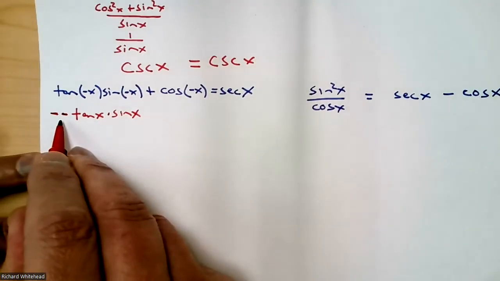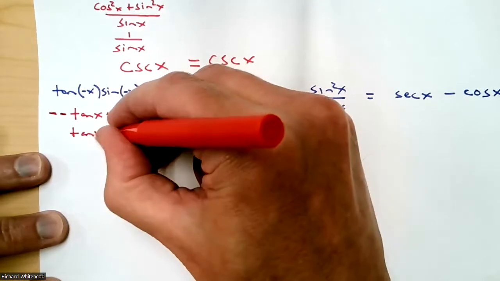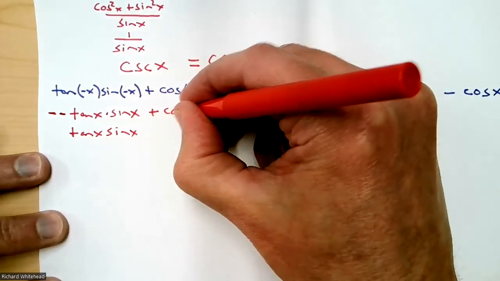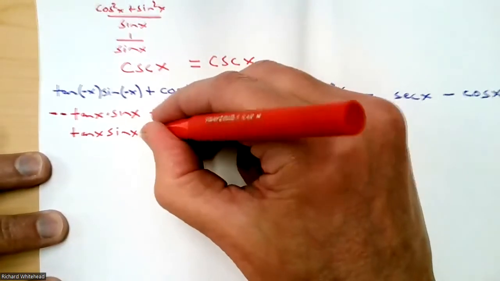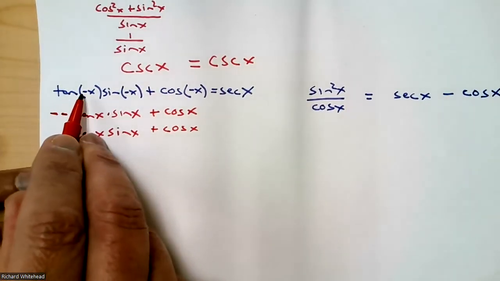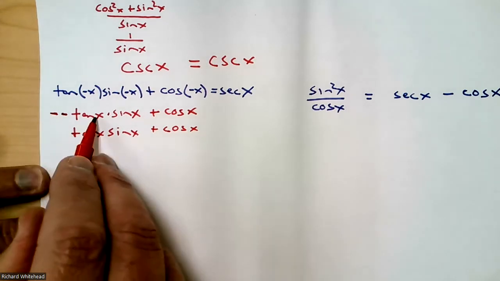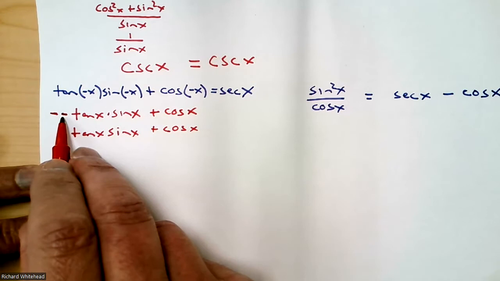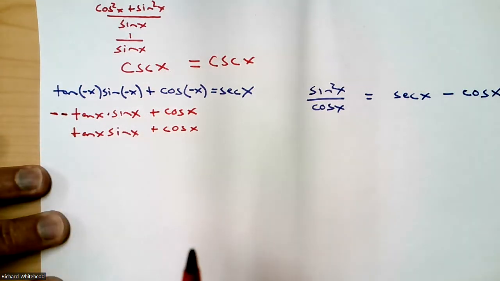And negative times negative is just going to make a big old positive. And then cosine is an even function, so you can just essentially drop the negative. So the idea was tangent of negative x, you brought the negative out front, made it tan x. Sine of negative x, you brought the negative out front, made it just sine x. Negative, canceled and made it positive.